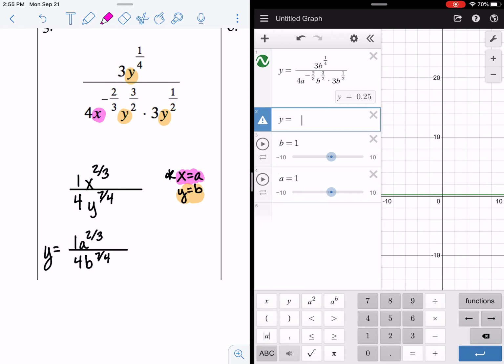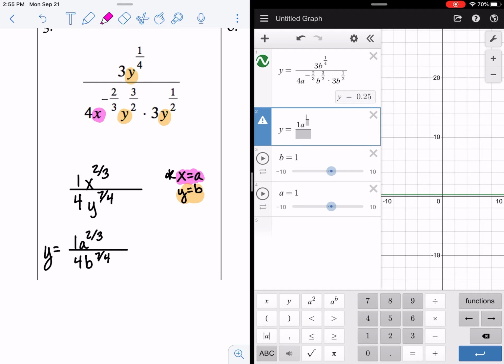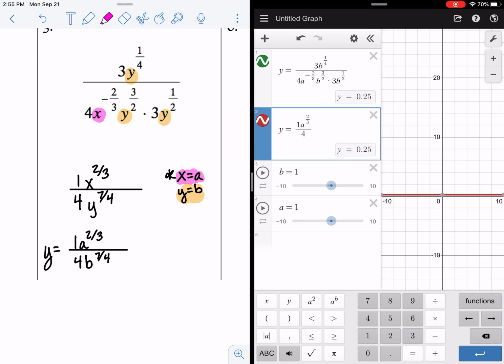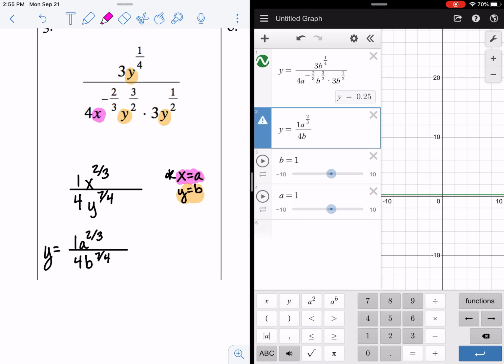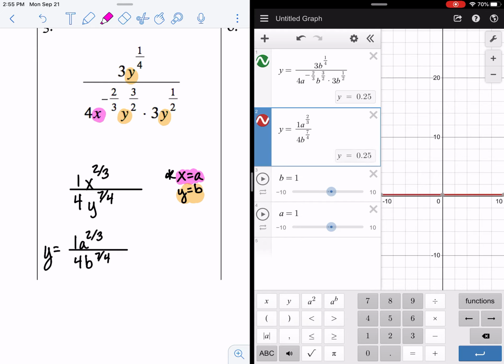And again, I'm dividing, so y equals division 1 x raised to the 2/3, so just a raised to the division 2/3. All that divided by 4. Y, so really b, raised to the 7/4. And you notice these sliders are just going to be values for a variable.